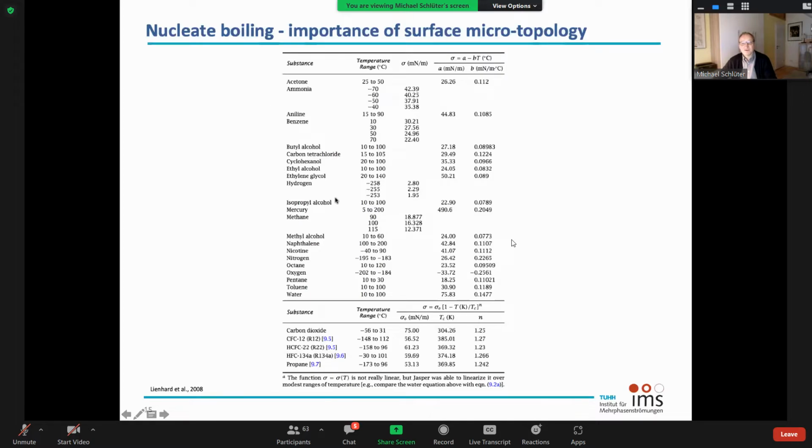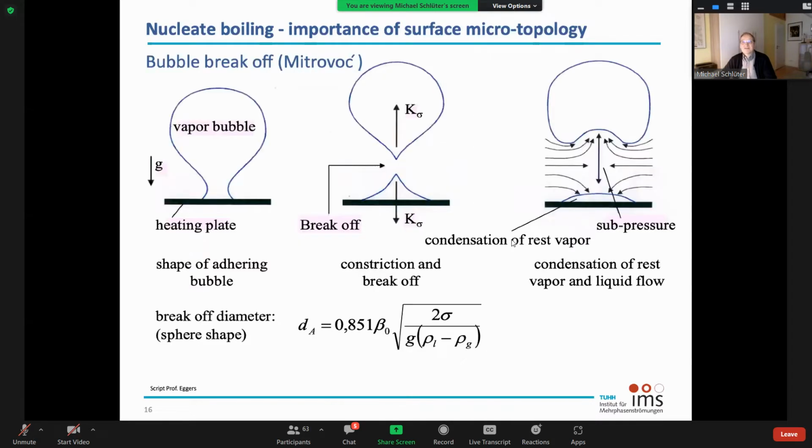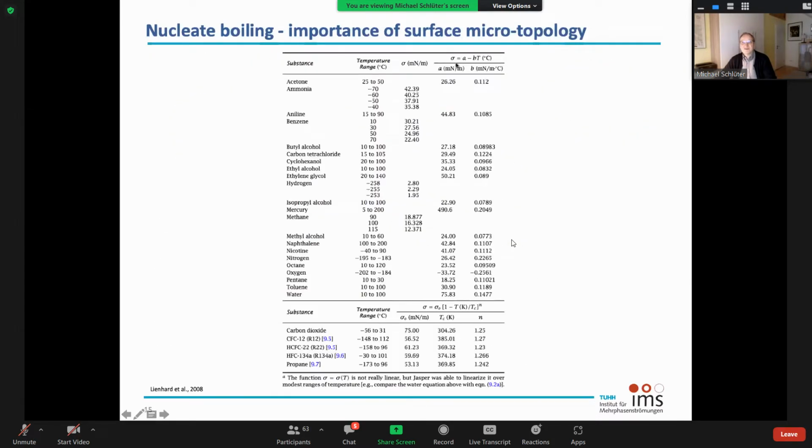In Lienhard, once again, it's given for different systems like mercury, methane, alcohol, and this is the equation. With these two constants, A and B, you can calculate the surface tension as a function of temperature. This is a nice empirical correlation.